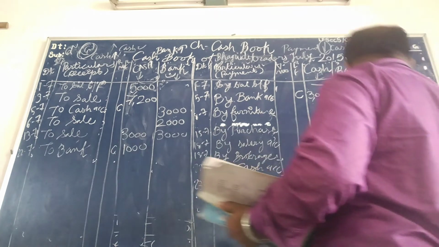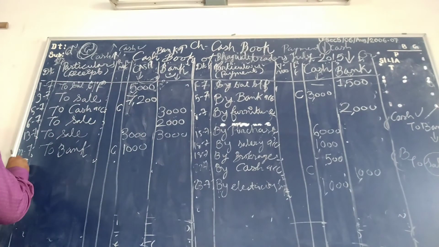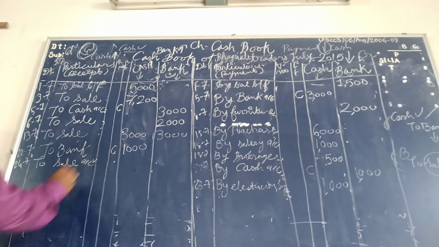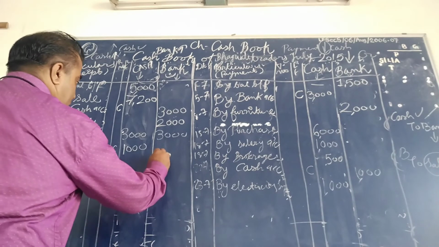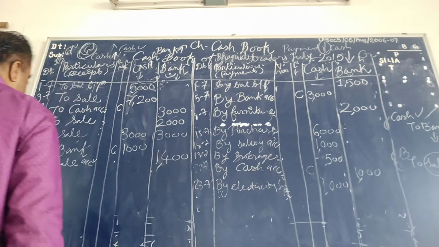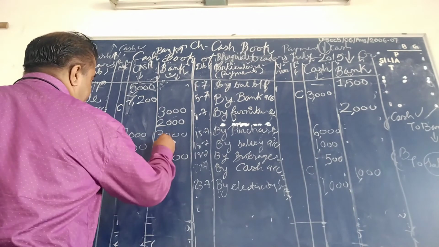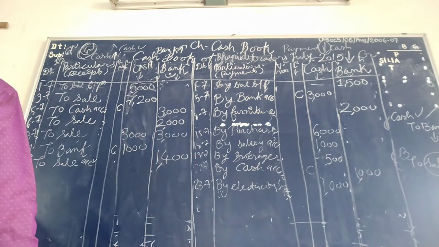So we received a check for the sale. So we write here on the 24th of July to sales account 1400. In the bank column, because we received it in the form of check, we write here 1400.